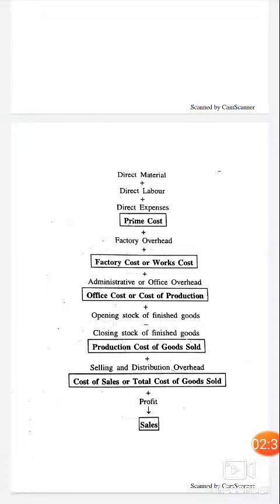Then we add factory overheads in prime cost. On adding the factory overheads to the prime cost, the sum obtained is called factory cost or works cost.